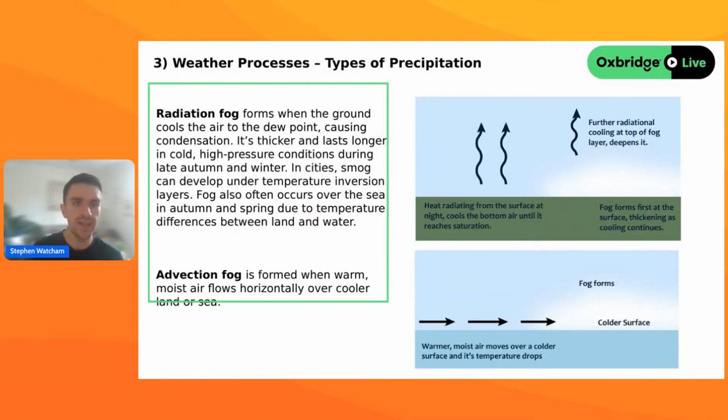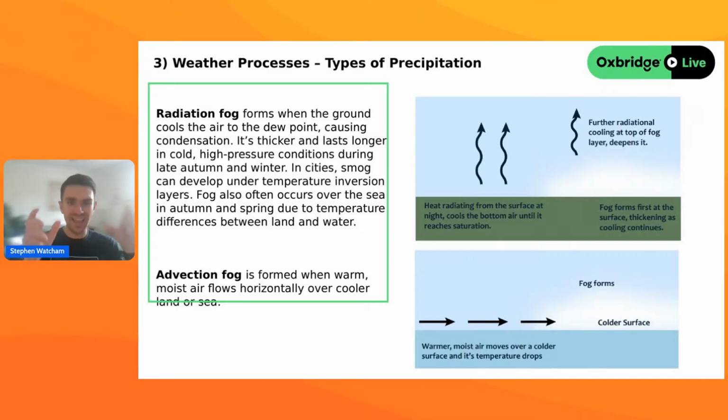Fantastic. So our last one here is fog, and I've explained this already. This is just the fog resulting from radiation cooling. As well as radiation fog, you can also get what's called advection fog. This is formed when warm, moist air flows across cooler land or sea.